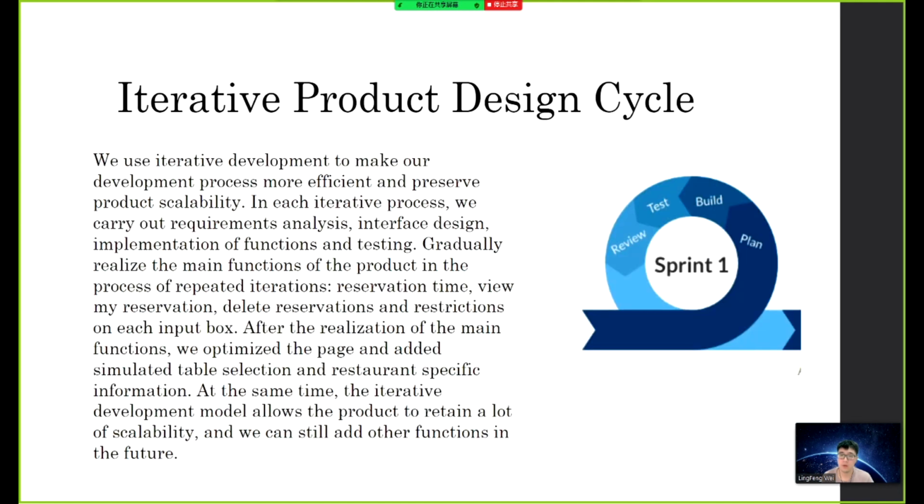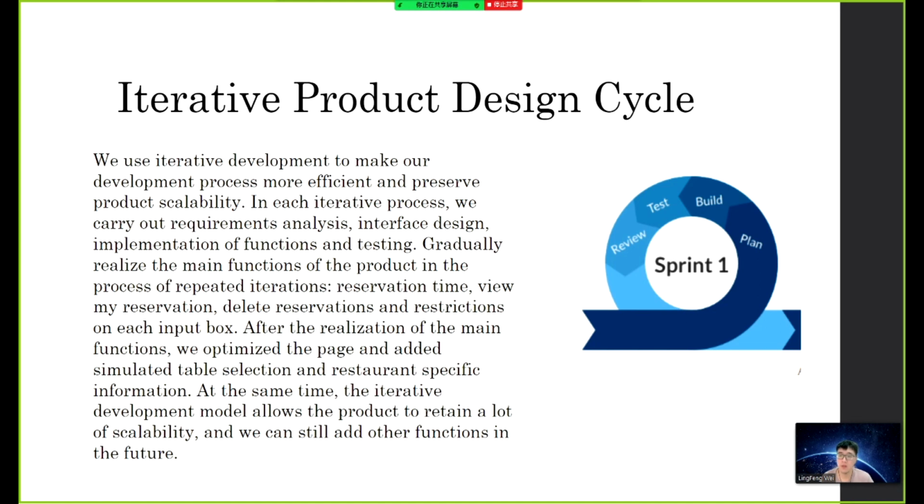We use iterative development to make our development process more efficient and the product more scalable. In each iteration, we carry out requirements analysis, interface design, implementation of functions, and testing.